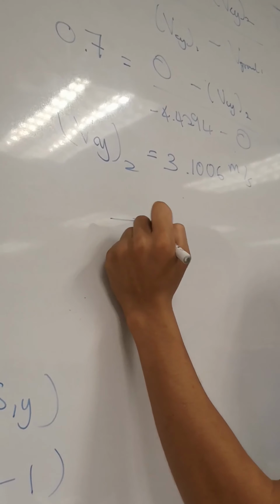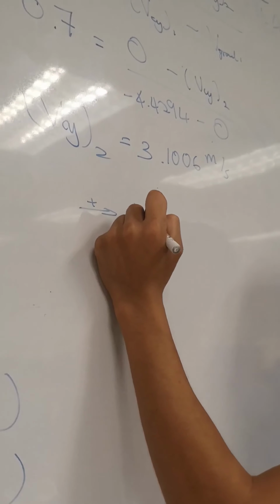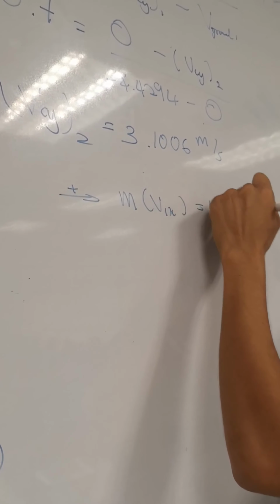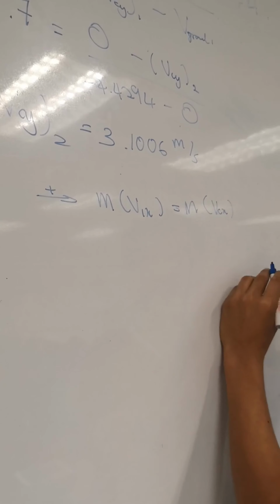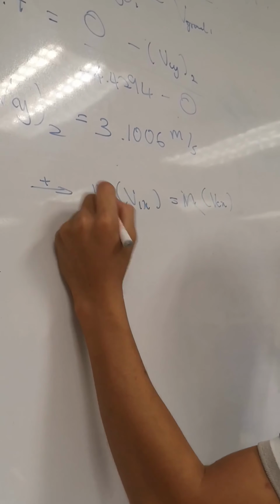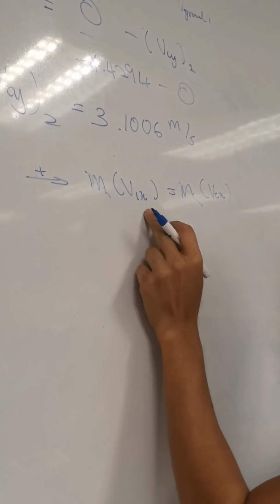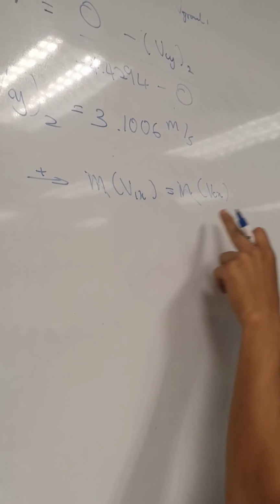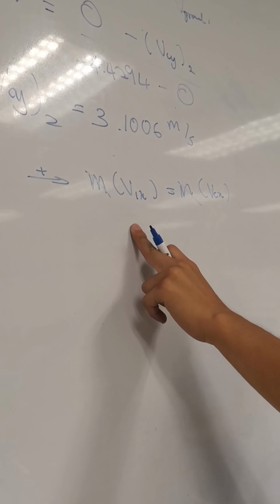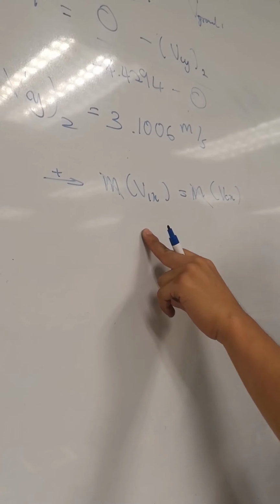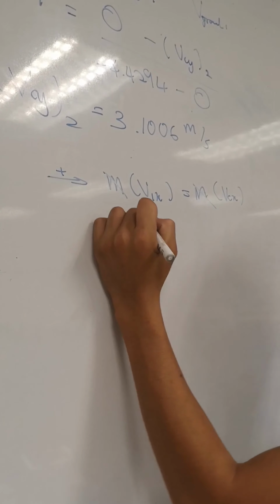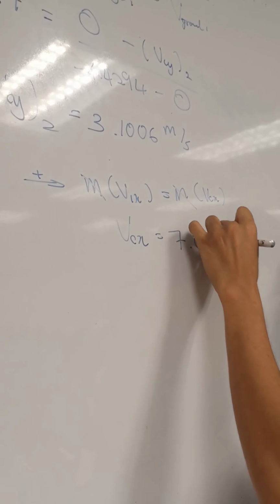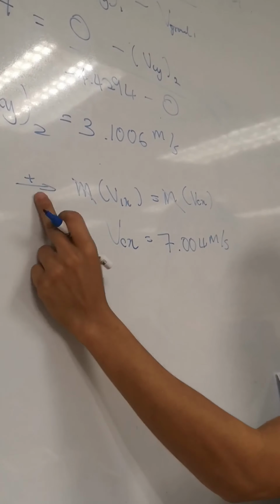We assume positive to the right, and mv1x equal to mvcx. So we can cancel both m. That means v1x equal to vcx, and we know v1x is equal to 7.004, which we have done in question 1. That means vcx is also equal to 7.004 meter per second, to the right.